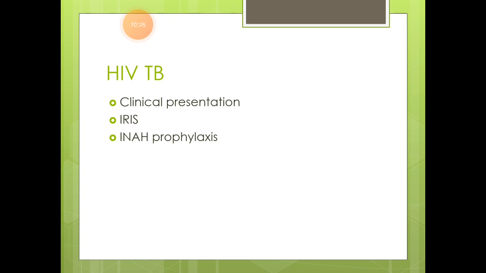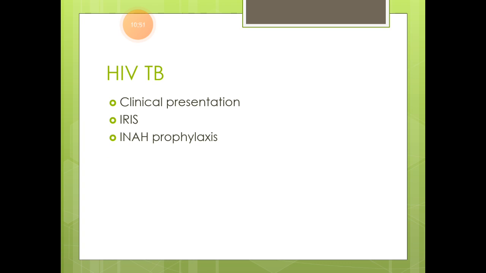So you should read around that. It's also mentioned in the guideline. However, there's another special guideline for HIV and TB. If you can find that guideline and read it, it will also be good. But it's time consuming. So you can choose this chapter in the National TB Guideline to read.